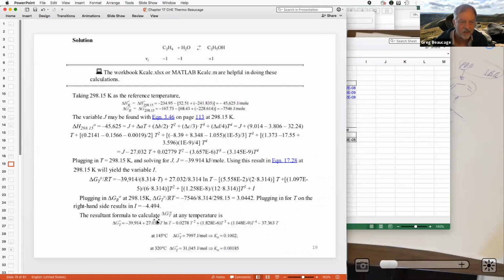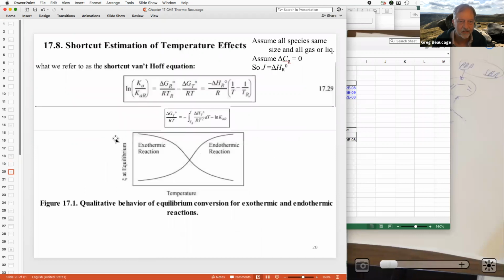It first calculates the I for the H, then it calculates the J for the G. And once you have I and J, you just plug it into this equation, and it gives the answer. For delta G, that's going to be log of K, so you have to take the exponential of negative that to get the Ka as a function of temperature.